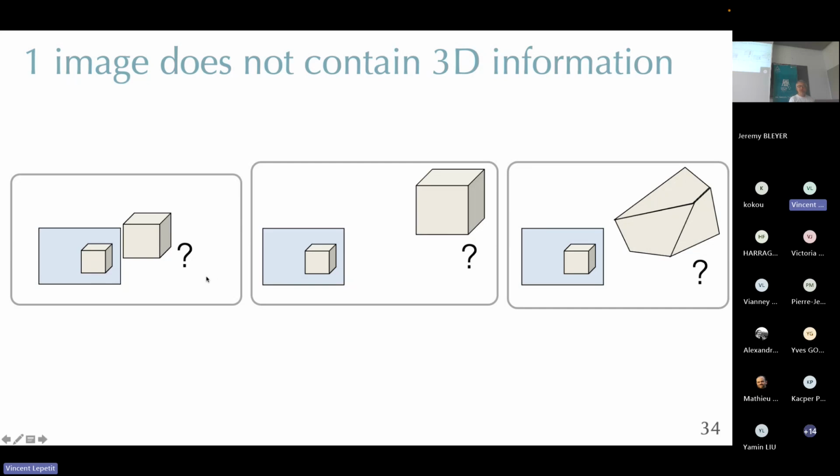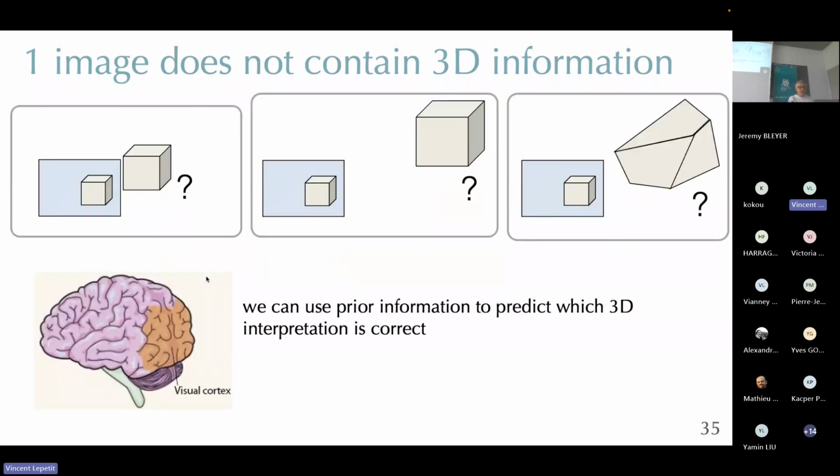It's just because of the experience that we acquired, even if it's not mathematically possible to be sure that it's a cube, 99.999% of the time it's going to be a cube. And we get that from our experience, since we were a child or baby, looking at the world, moving in the world.